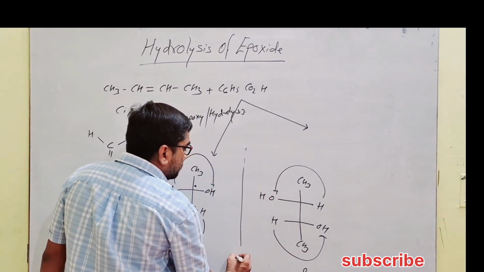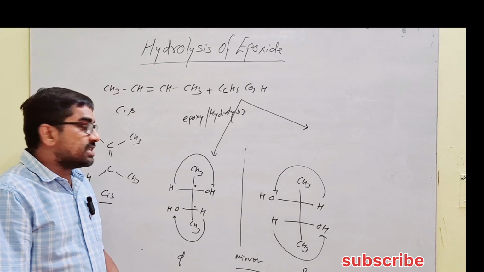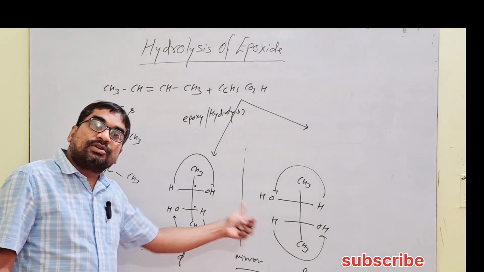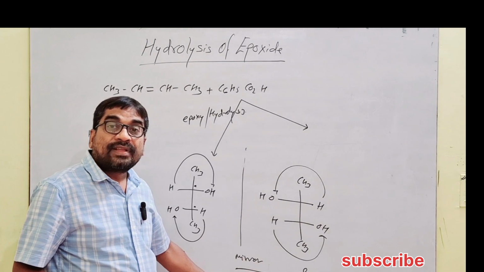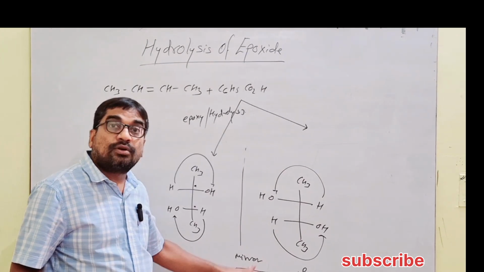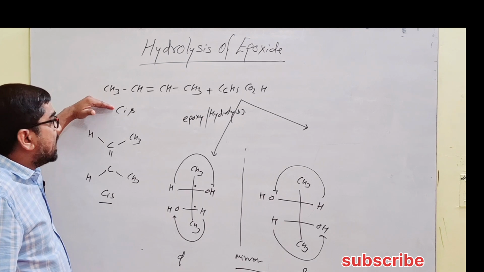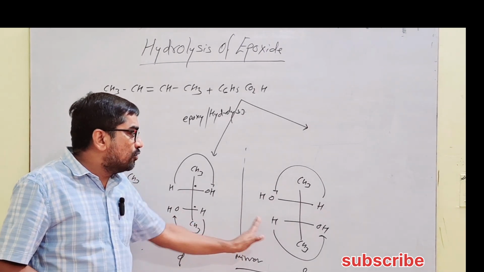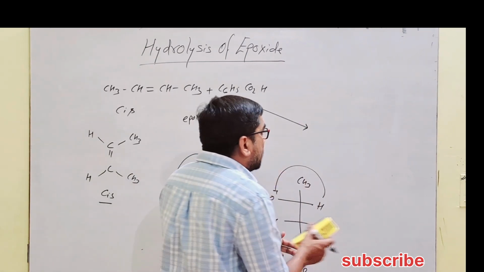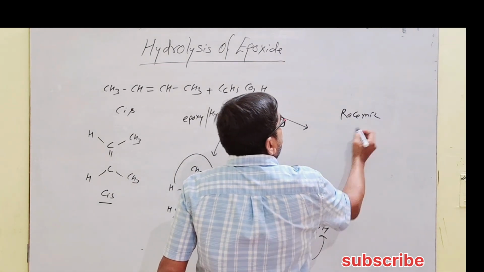So both are mirror images of each other, non-superimposable. That's why these dextro and levo forms are enantiomers or enantiomorphs. Since the cis isomer of an alkene gives a dextro and levo mixture, the overall mixture formed is called a racemic mixture.